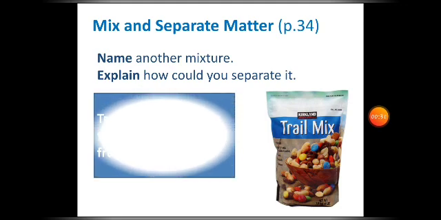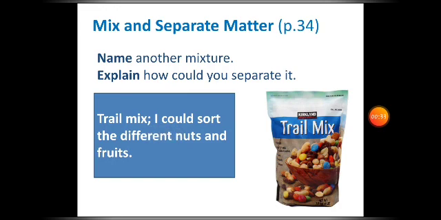It can be done by sorting the different nuts and fruits. Okay, grade 2, I want you to write these answers on your textbook. Done? Okay, let's proceed to the next part of our lesson.